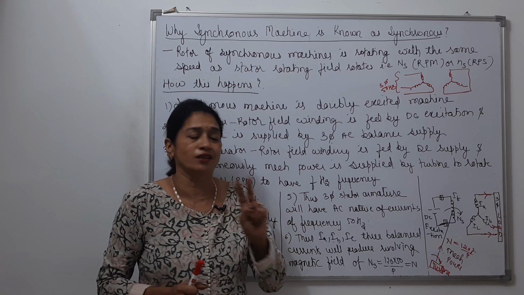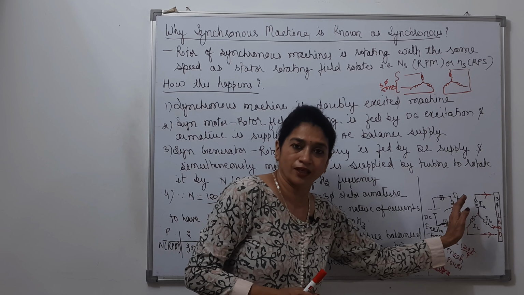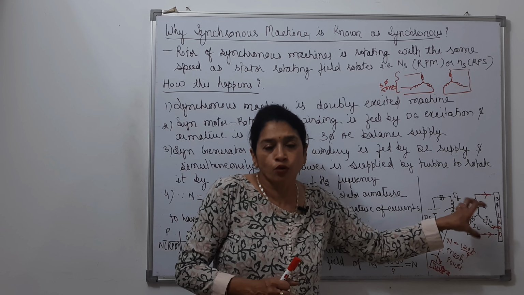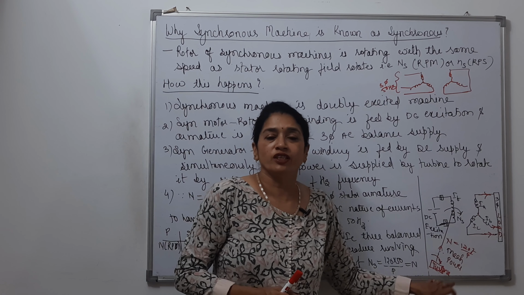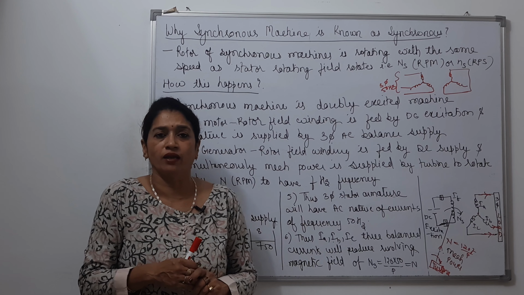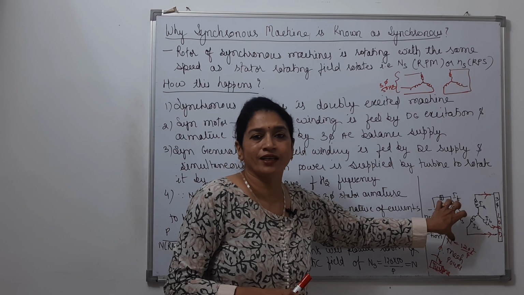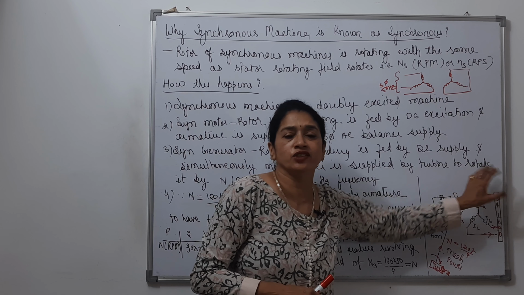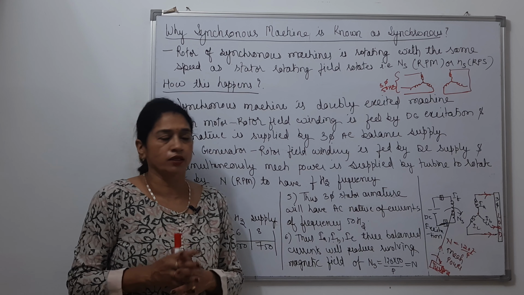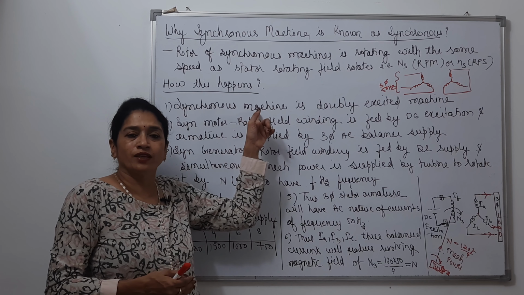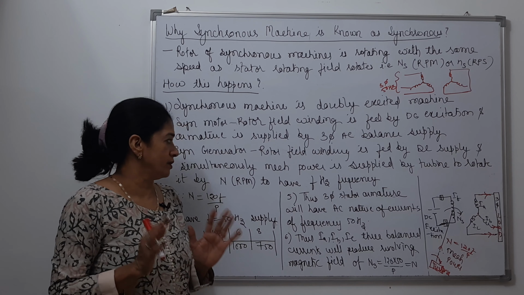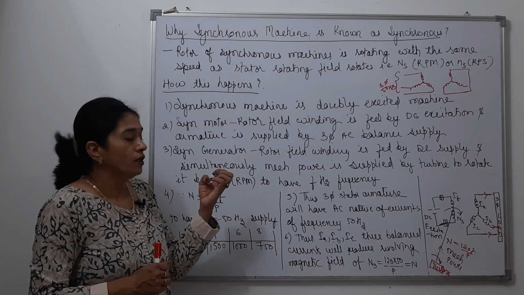So two excitations are there: one is DC electrical excitation and another is the mechanical power fed to the rotor by the turbine. With the interaction of this electrical and mechanical power, electrical energy is generated and fed outside to the three-phase electrical load. This way the synchronous motor and the synchronous generator, that is the alternator, are doubly excited.